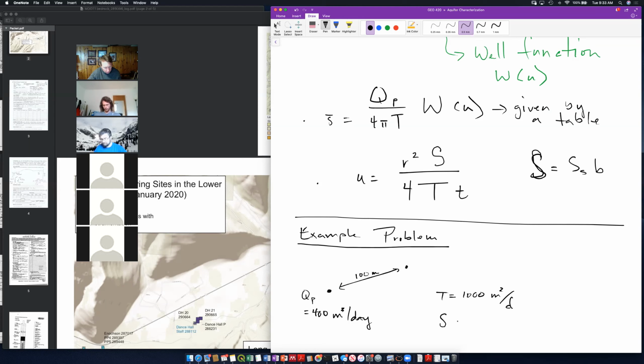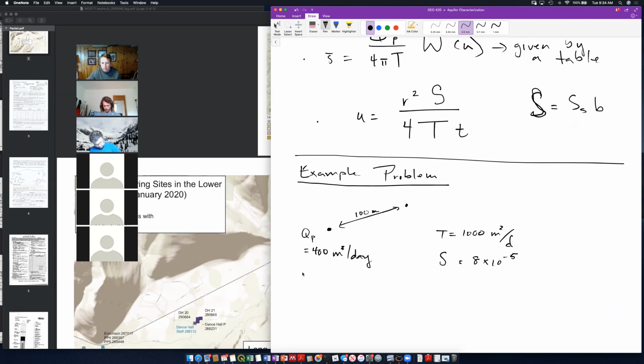And my storage coefficient is 8 times 10 to the minus 5. So what is the drawdown at A?